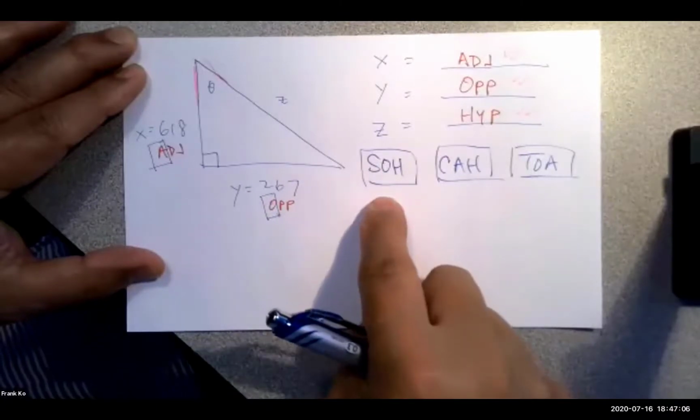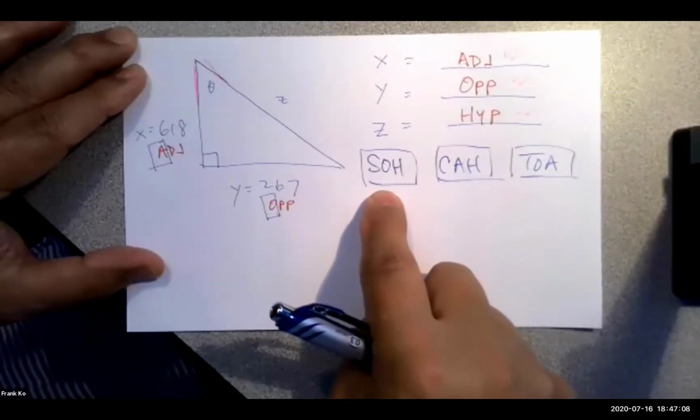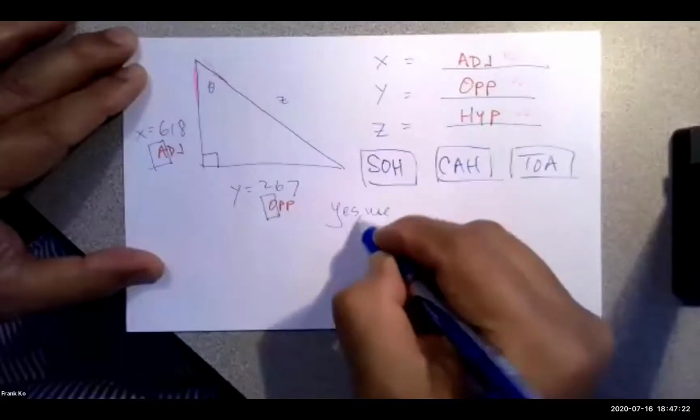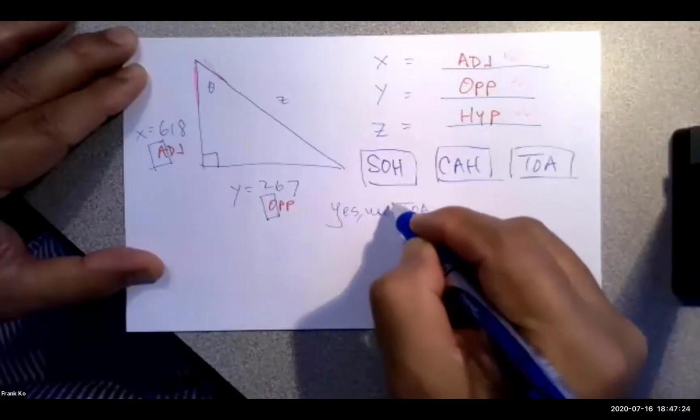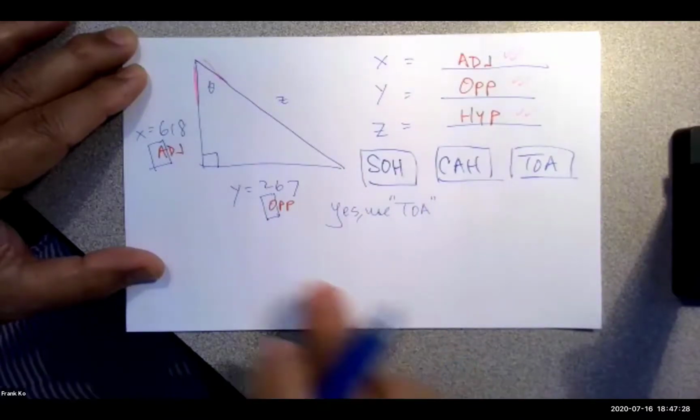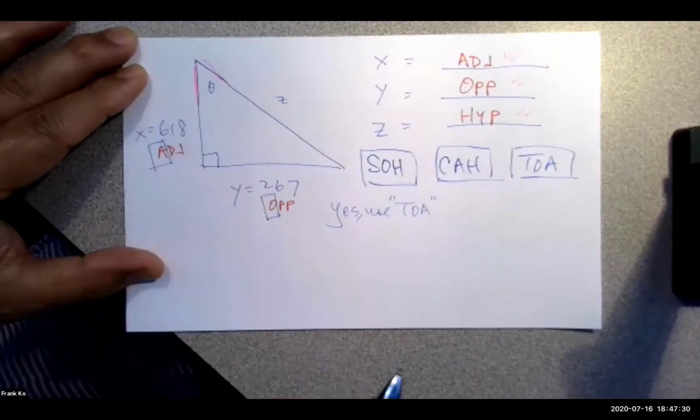Does SO have an A and an O? Nope. Does CAH have an A and an O? Nope. Does TOA have an A and an O? Yes. Use TOA. Use TOA because there is an A and an O that is given.